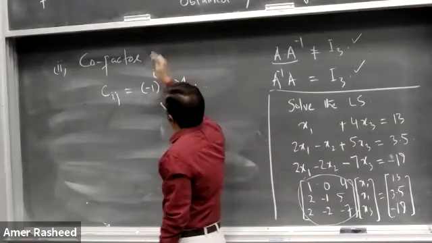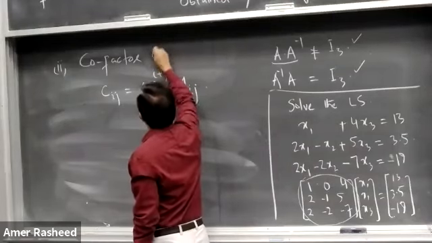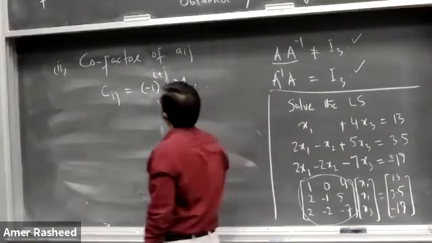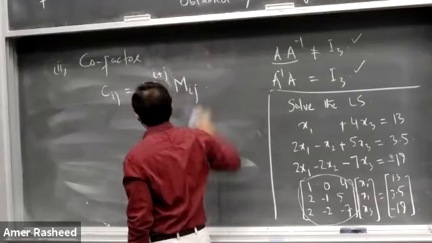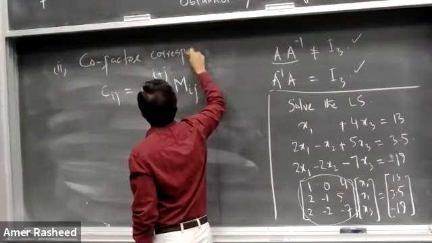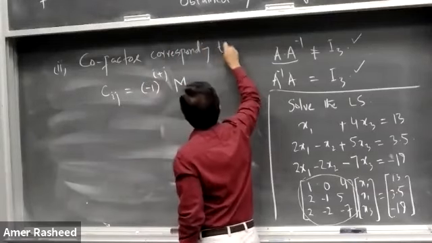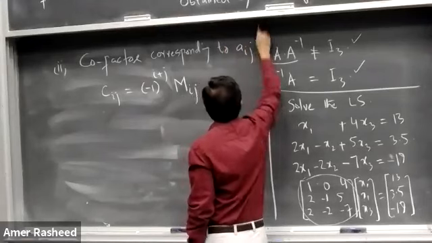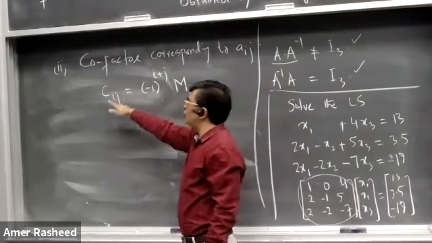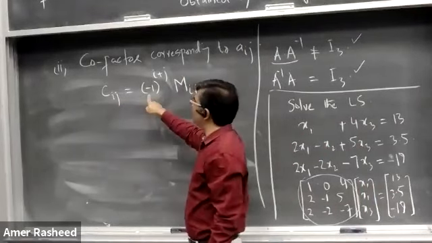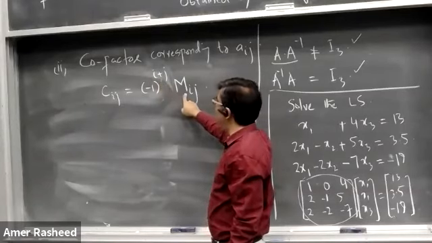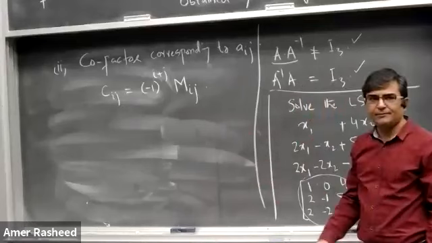Cofactor corresponding to Aij, that would be better. If you have any element Aij, then its corresponding cofactor Cij is defined to be -1 power i plus j times minor Mij.